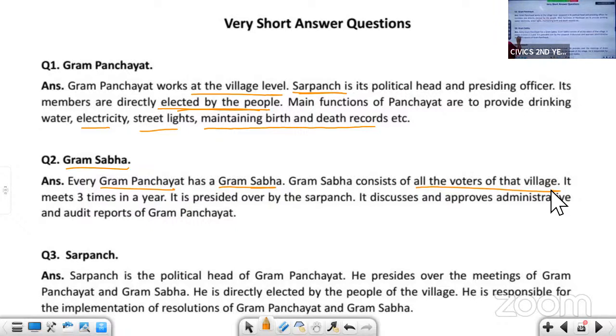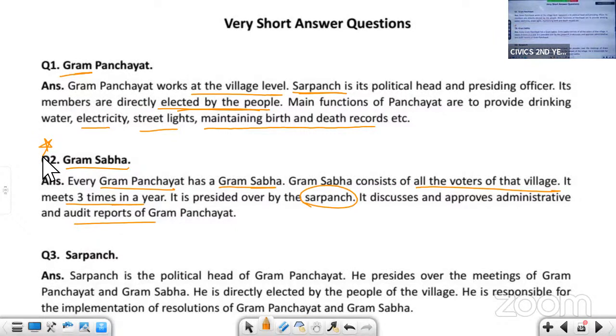They meet 3 times in a year. The meetings of Gram Sabha are presided over by the Sarpanch, and it will approve all the administrative and audit reports of the Gram Panchayat. So this Gram Sabha is another most repeated question for 2 marks.